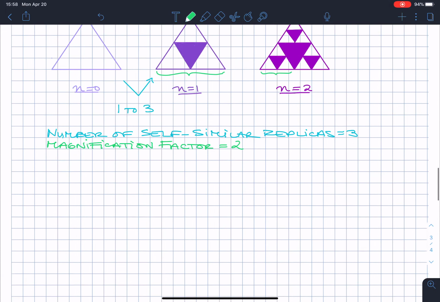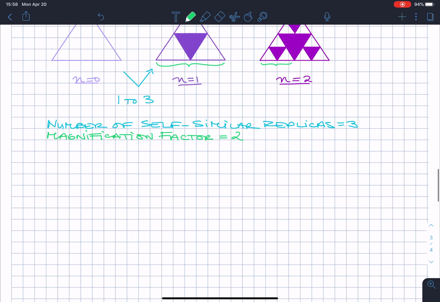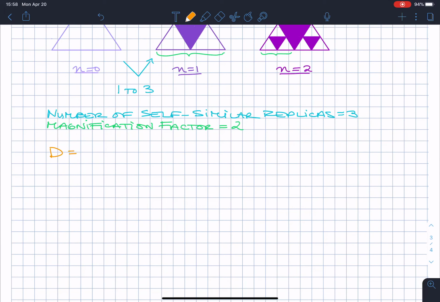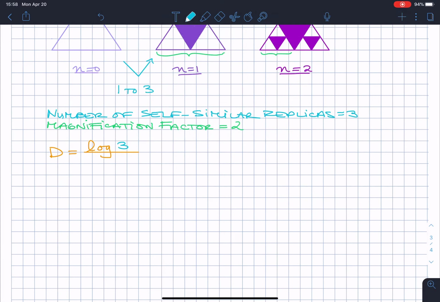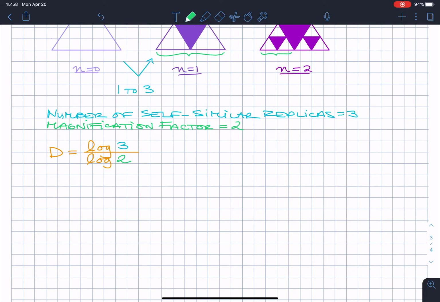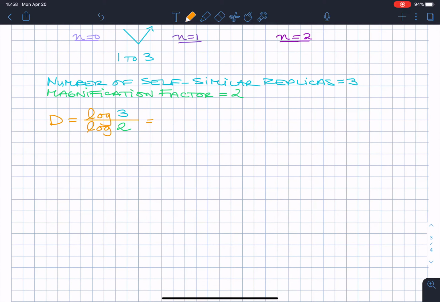So is this the same as a Cantor set? No, it's actually the opposite. So the dimension for the Sierpinski triangle will be log of the number of self-similar replicas, which is 3, divided by log of the magnification factor, which is 2. So hopefully, did I get that right above? Yes, I did.